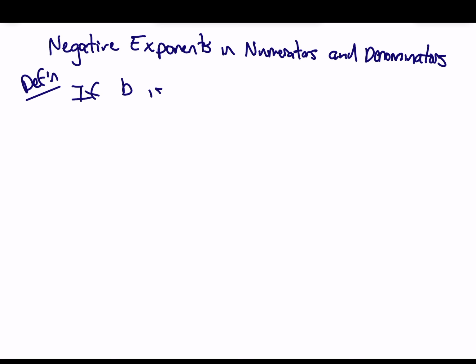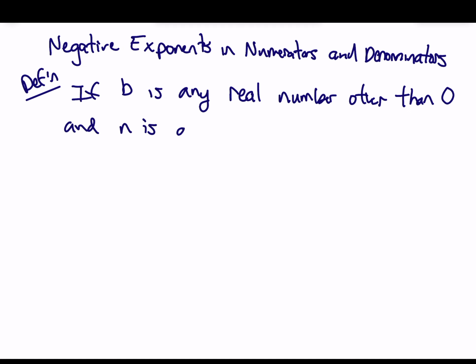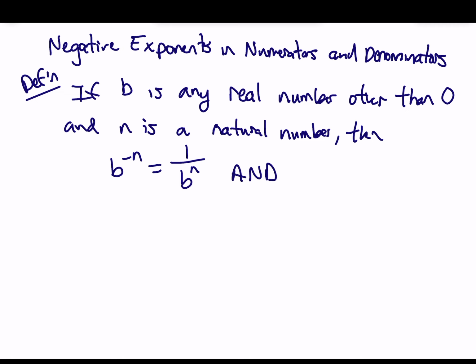If b is any real number other than 0, and n is a natural number, then not only is b to the negative n equal to 1 over b to the n, that is true, and 1 over b to the negative n is equal to b to the n.